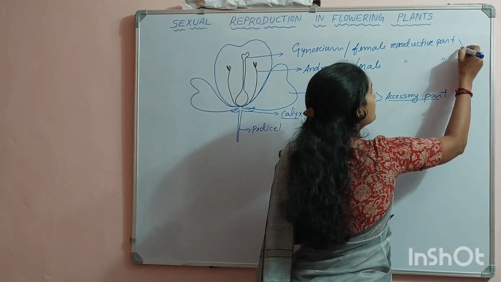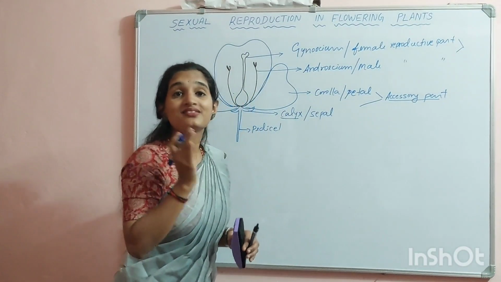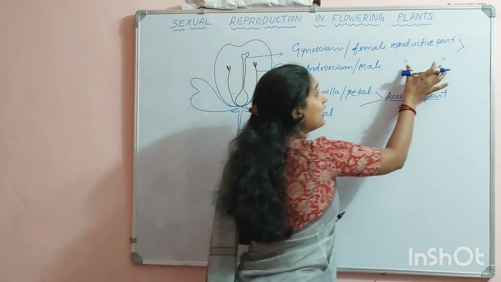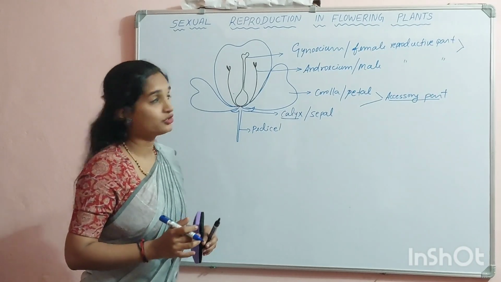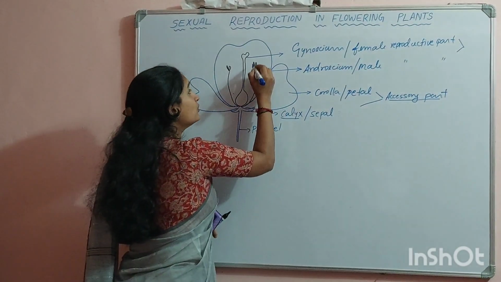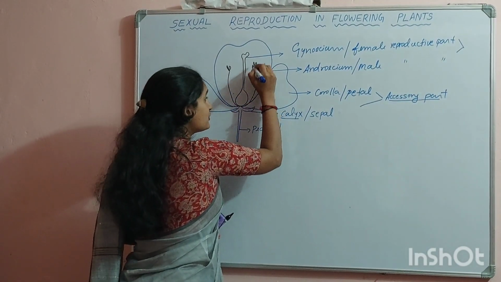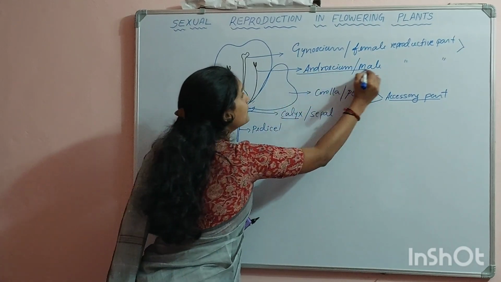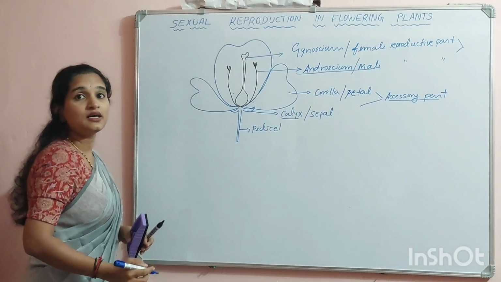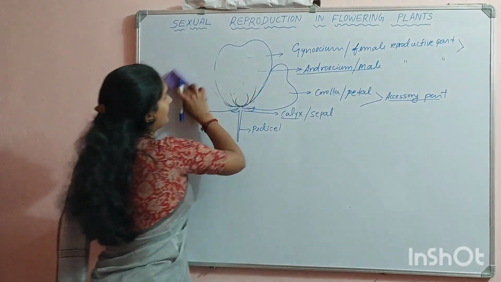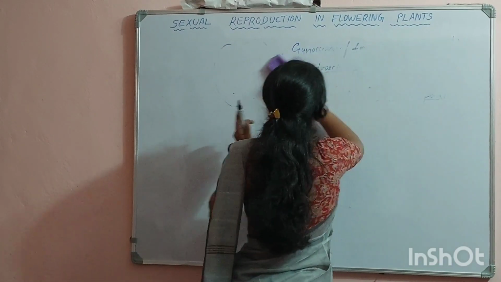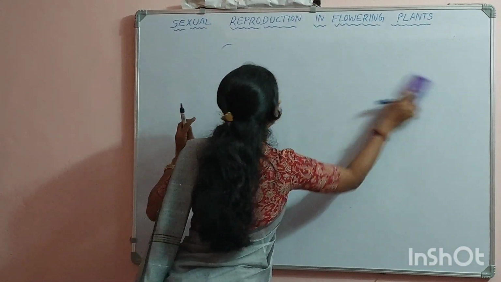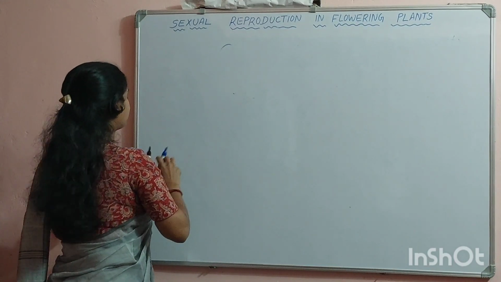And these two whorls are the important sexual parts, and they play a very important role in sexual reproduction. So let us directly move to the structure of today's topic, the structure of the male reproductive part. Let me draw the enlarged diagram of the male reproductive part of a flowering plant.